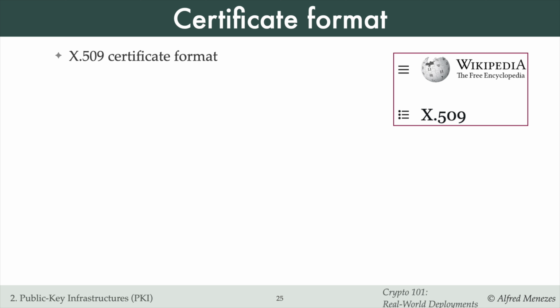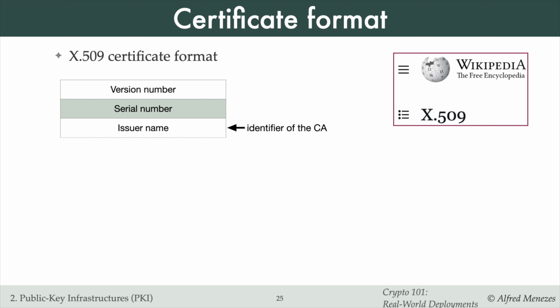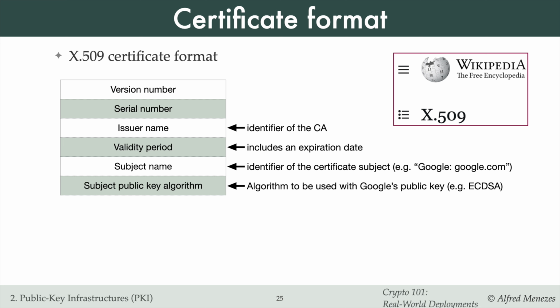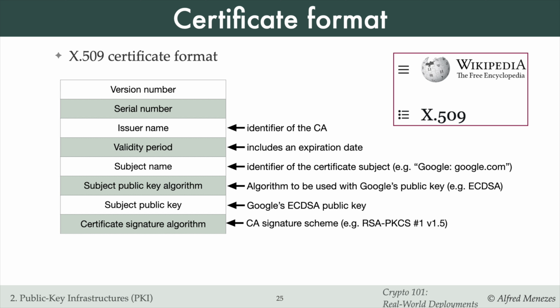An X509 certificate contains the following components: a version number, a serial number that uniquely identifies the certificate among ones issued by that CA, the distinguished name of the CA that issued the certificate, the validity period of the certificate, including a start date and an expiration date, the distinguished name of the entity to which the certificate is issued, the algorithm to be used with the subject's public key, the subject's public key, and the signature algorithm used by the CA.